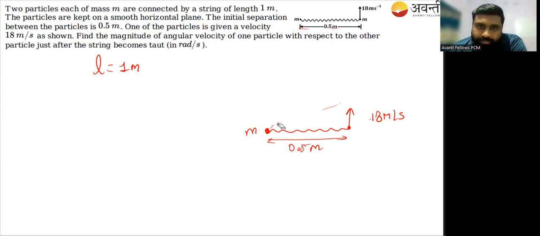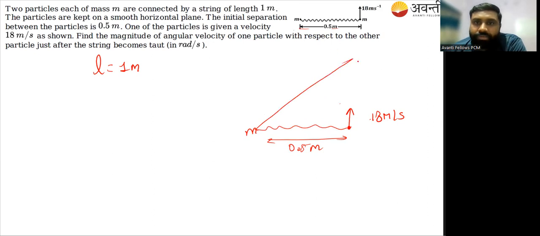Okay. So we will consider that at a particular angle, this string becomes taut or tight. And this is the direction of velocity v, let's say, which is given as 18 meter per second. And this angle, let's say, is theta. So at theta angle, the string will become taut.